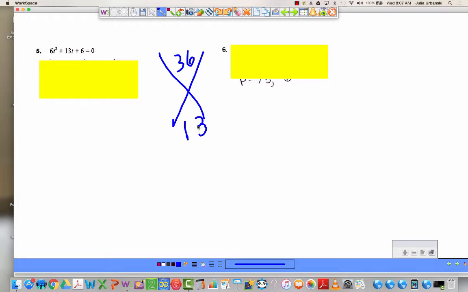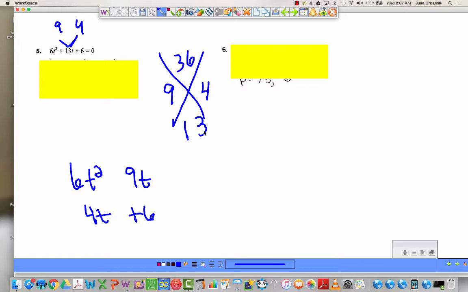This one has a number in front. You have to do the boxes, or else you have to do the guess and check method. So if you have 6t squared to start with, and then you take the 13 and you split it up into 9 and 4. So you have 9t, 4t, and then a positive 6 again. Remember, this number is gone now.